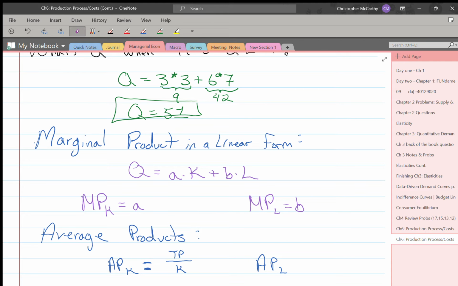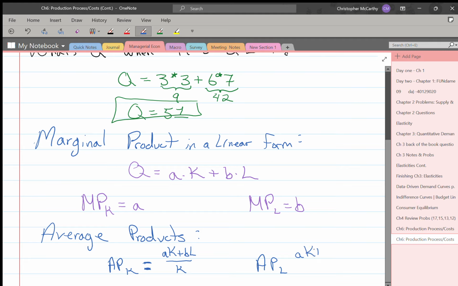We know the total product is equal to Q. So what's Q? We know that Q is equal to AK plus BL. So that's our average product of capital. That's our average product of labor.